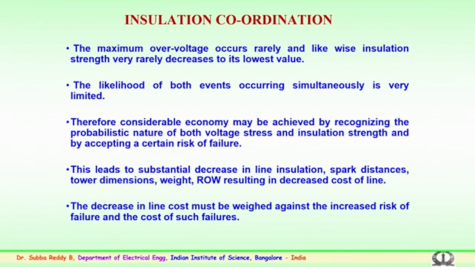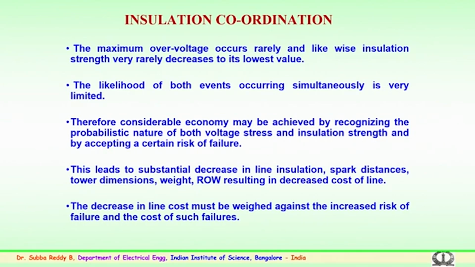Therefore, considerable economy may be achieved by recognizing the probabilistic nature of both voltage stress and insulation strength, by accepting a certain risk of failure. This is where the design aspects have to be taken care of from an economic point of view.